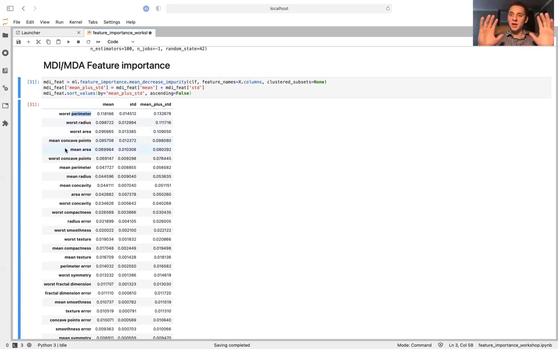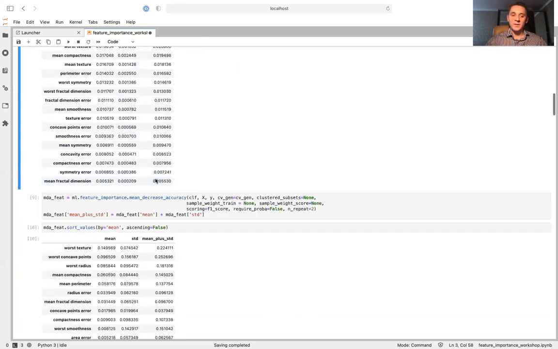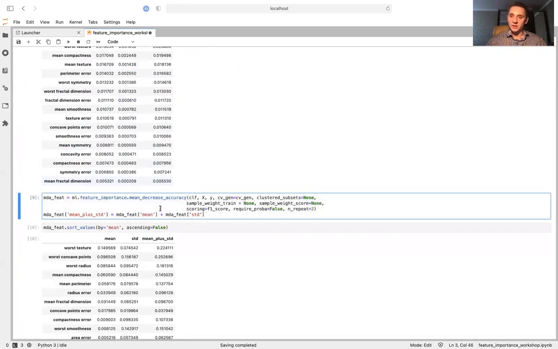So actually the shape parameters are important, right? So let's go deeper and find what MDA feature importance shows us.